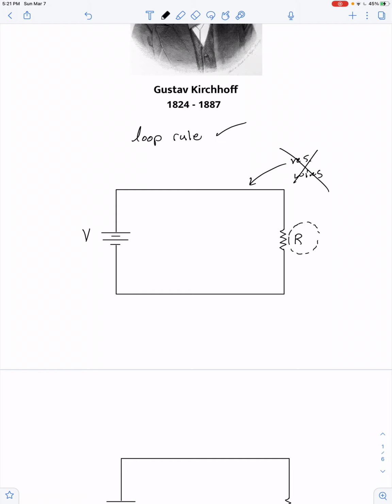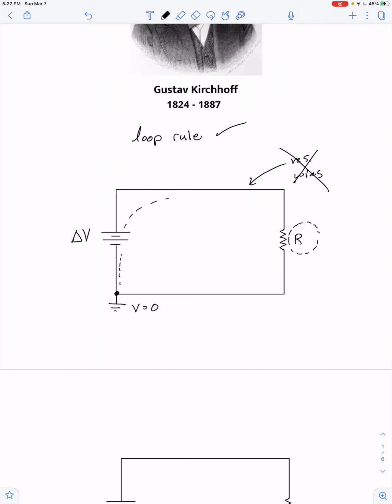Well, Kirchhoff's loop rule says pick any point in a circuit. I'll pick this point on the lower left corner. Now it might be helpful to create a frame of reference where we say electric potential is equal to 0 at that point.